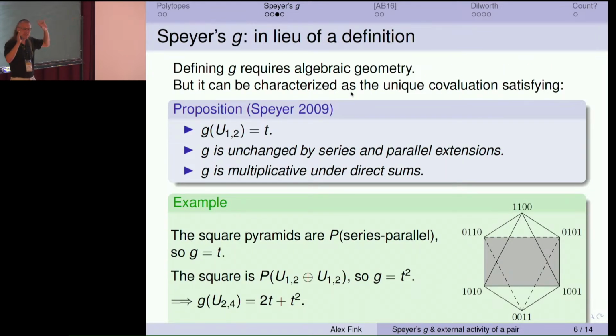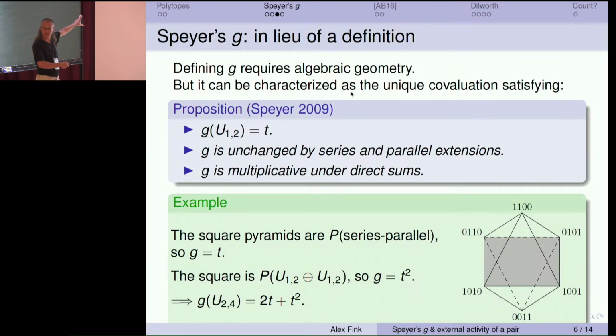For those of you who like the algebro-geometric stuff, in a sentence, Graham mentioned the tautological bundles of matroids. What you do is you take exterior powers of the tautological bundles of your matroid, tensor them together, take the Euler characteristic, and those are the coefficients of G. But okay, this is not an algebraic geometry conference, so let's characterize G combinatorially.